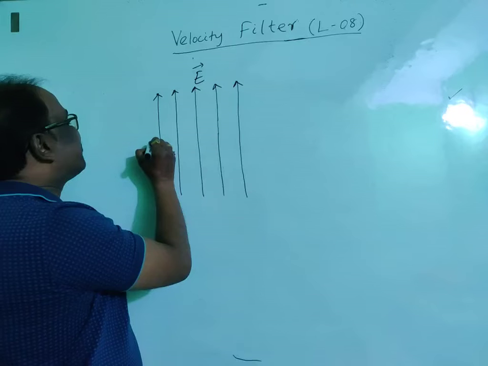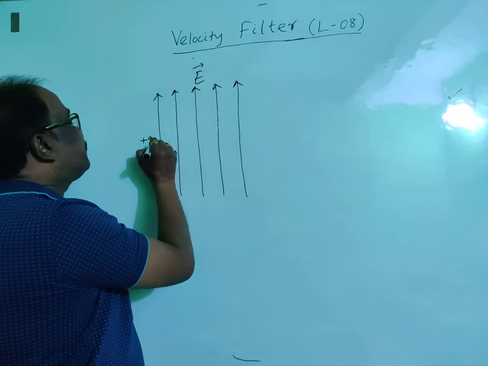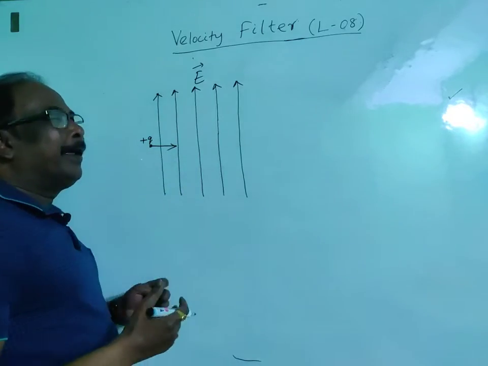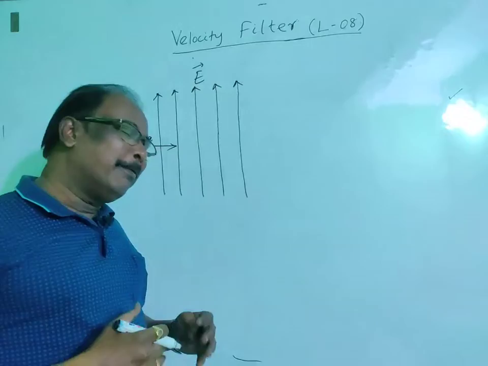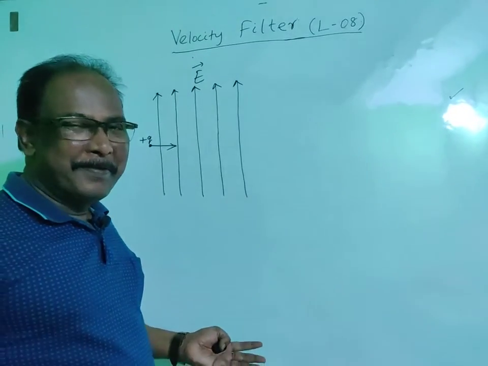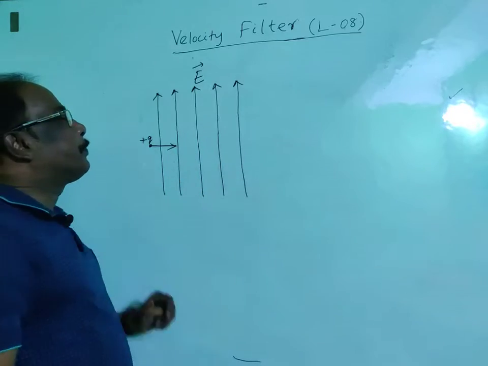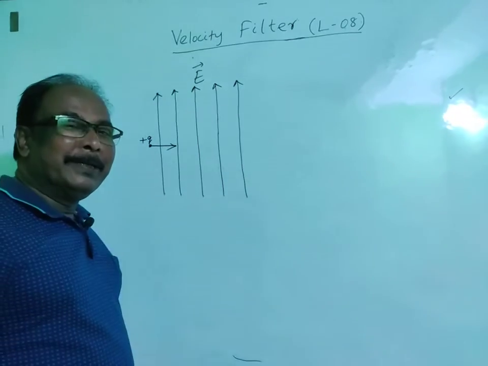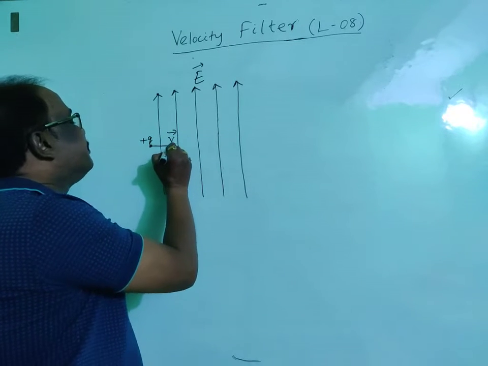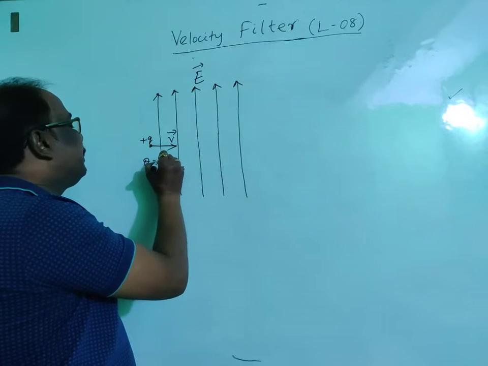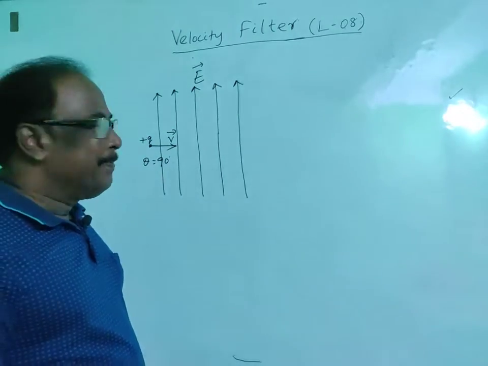Suppose this is a charged particle, plus Q. You may take an alpha particle or positively charged ions. Suppose this charged particle is projected into the electric field with a velocity v such that the angle between the velocity of the charged particle and the electric field is 90 degrees.